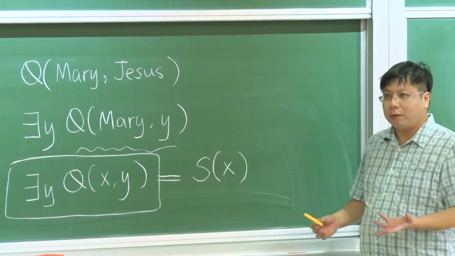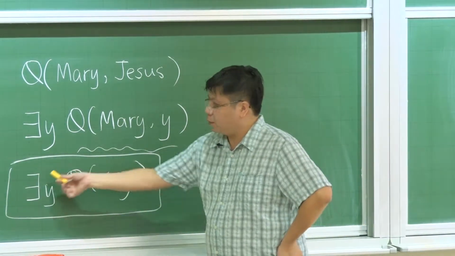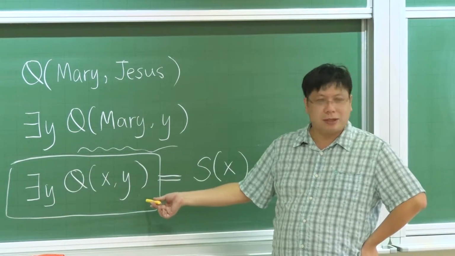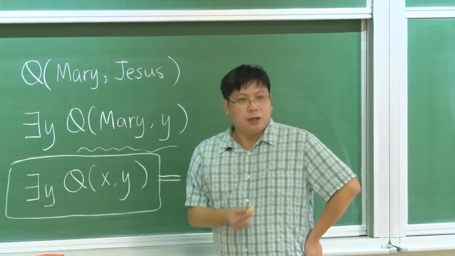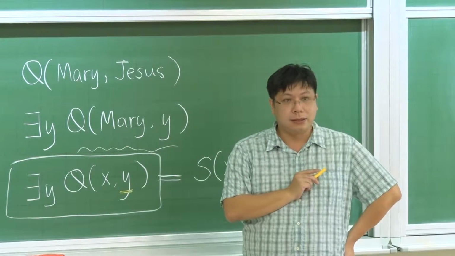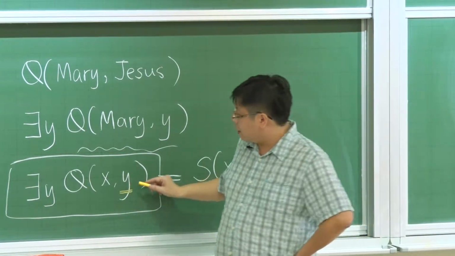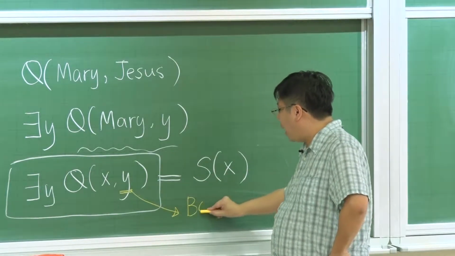And what is the reason that it is not a proposition? The reason is that for this proposition, we just talk about how y is considered. In that sense, y is what we call a bound variable.